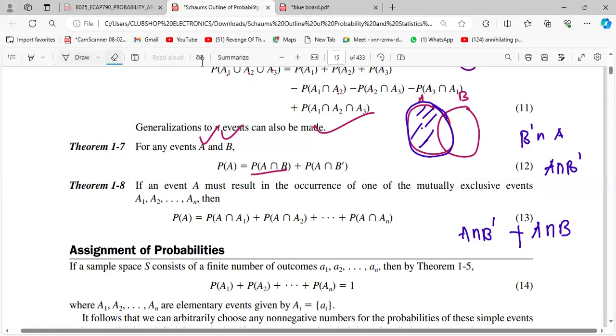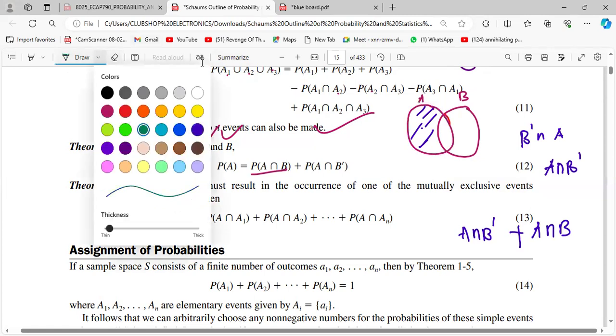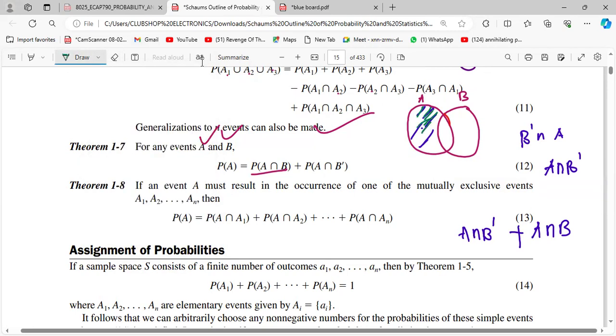All right? Then what is happening? The shaded part is the B complement intersection A. I will have found it. But there is need of this one for us to have a complete set A, which is A intersection B. That's what we are saying.